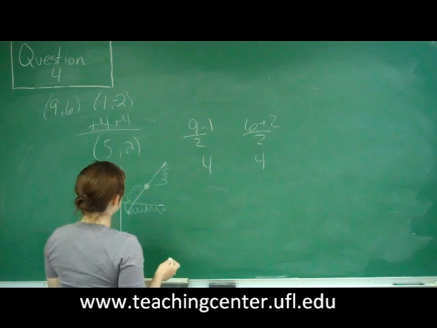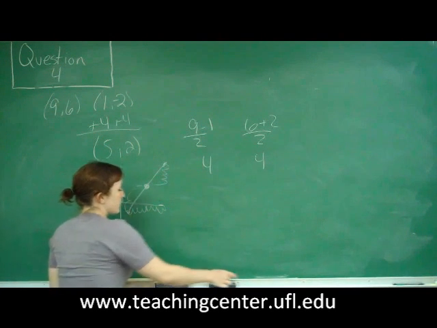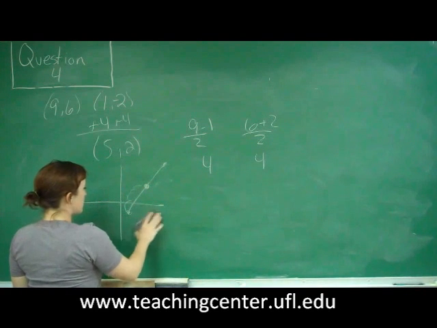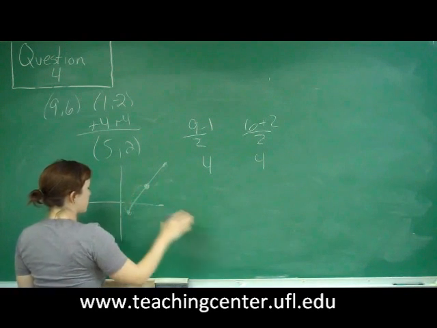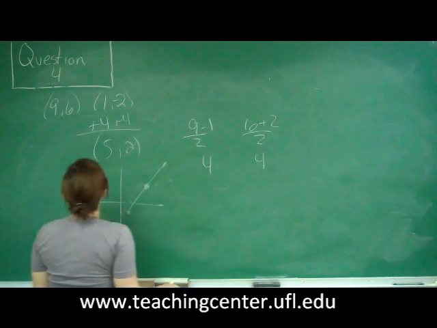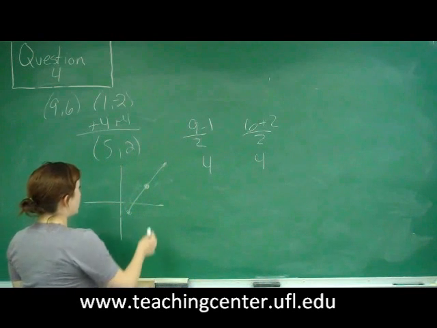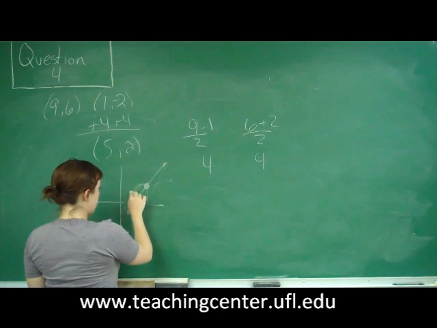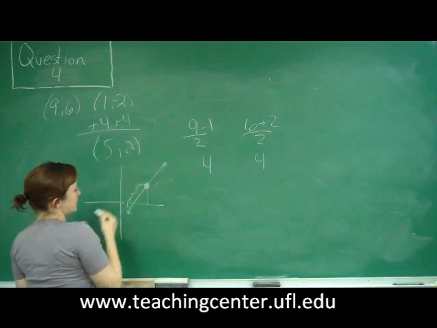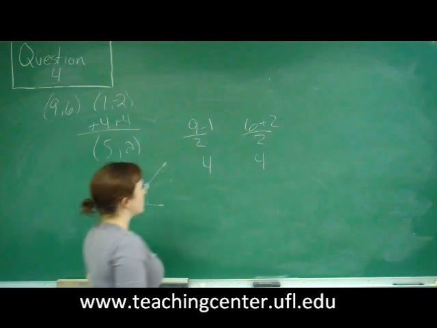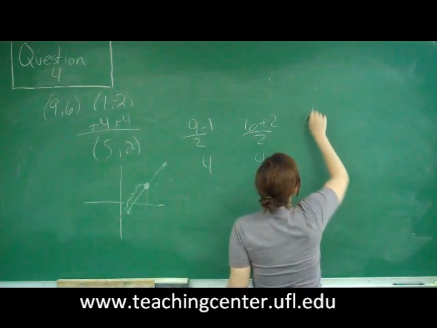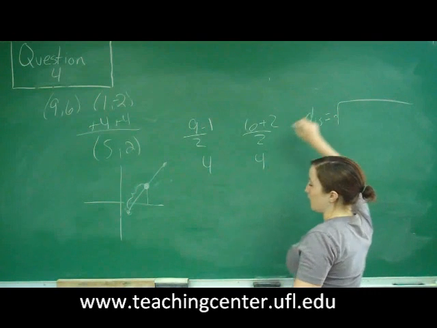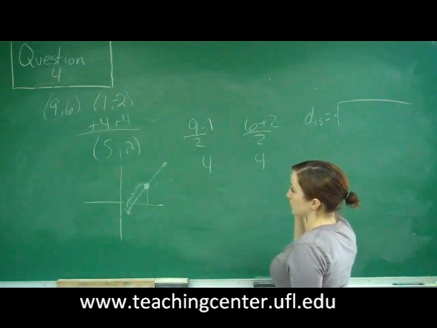However, we need a little bit more information, because even though we have the diameter, we don't necessarily have our radius. And so, since we found the midpoint here, we can do the distance formula to figure out the distance of just our radius. So remember, distance is equal to the square root of, and I can use either of those points.